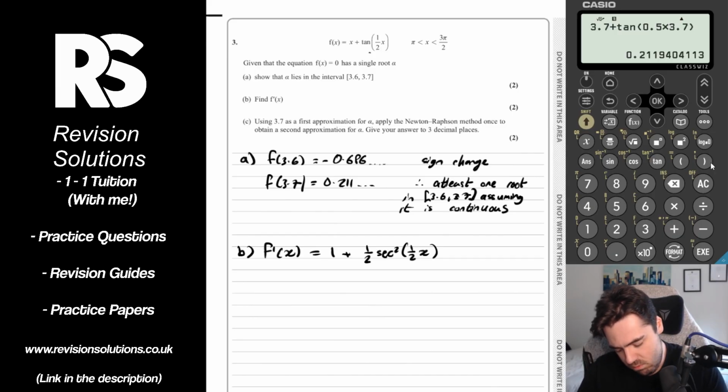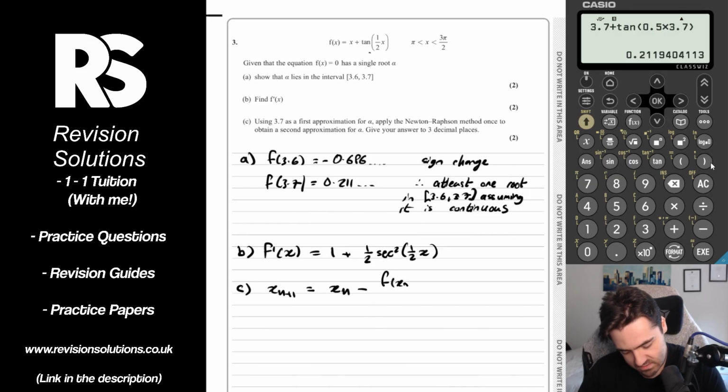And then it says using 3.7 as the first approximation for alpha, apply the Newton-Raphson method once to obtain a second approximation. So the Newton-Raphson formula is this. It's xn plus 1 is equal to xn minus f of xn over f dash of xn.